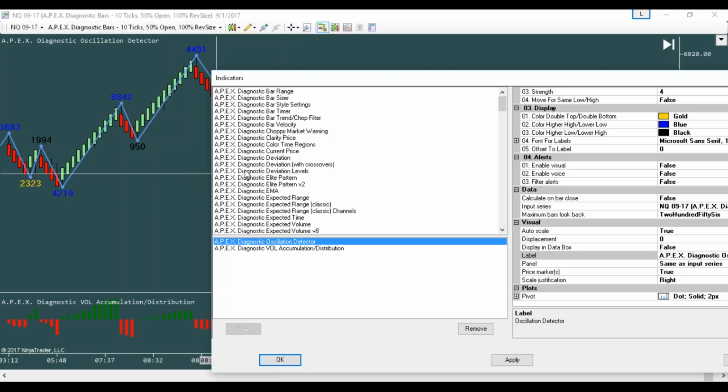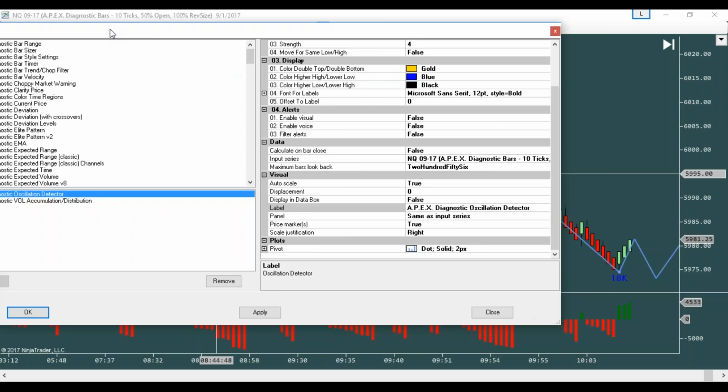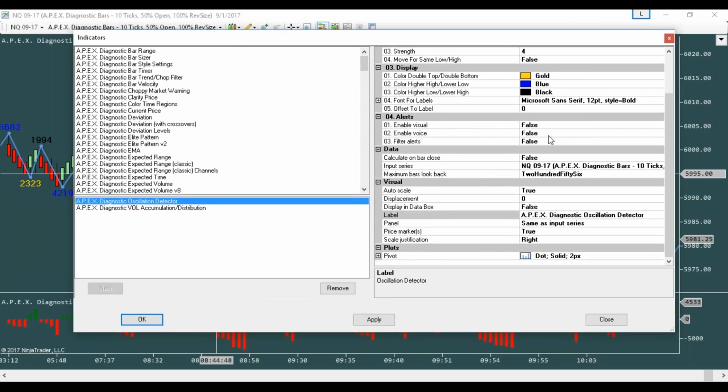And let me just clarify here, if you enable the audio to true, you also want to set filter alerts, right here, to true. Otherwise your alerts will keep going off: hey, it's in double top range, double top range. So you want to enable this to true to get the audio alerts.